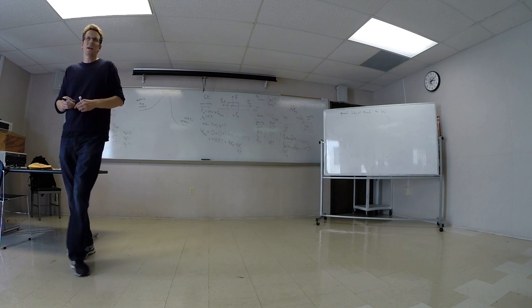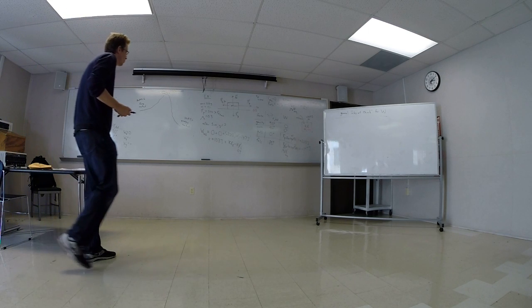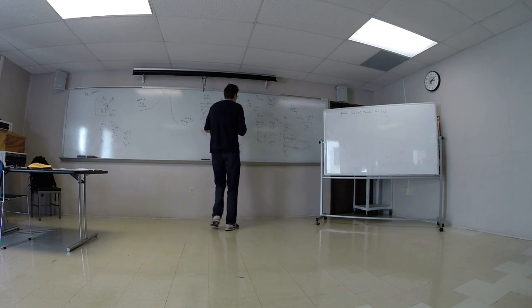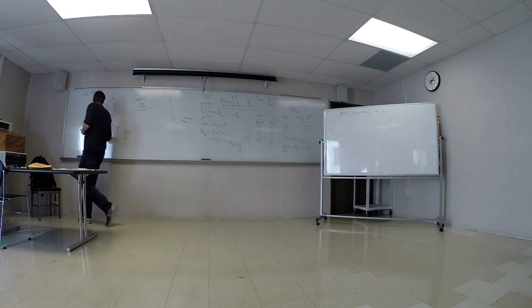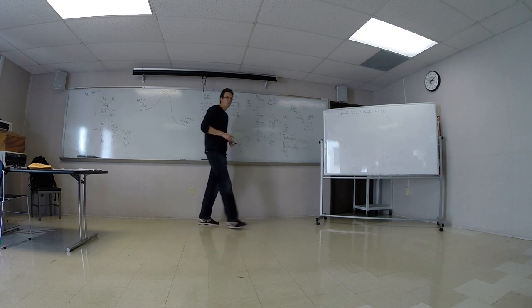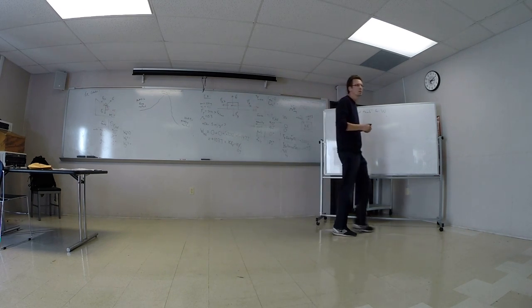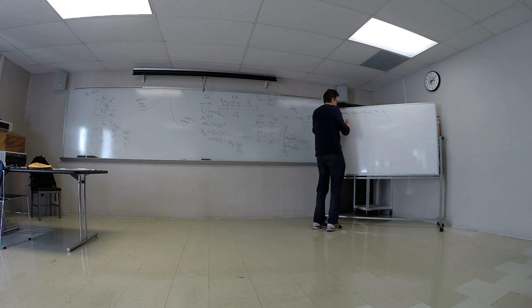So let's go back. In both of my problems, I had normal force, right? And both of the times, so both here and here, what was the work done by the normal force? 0. So is this a general truth?